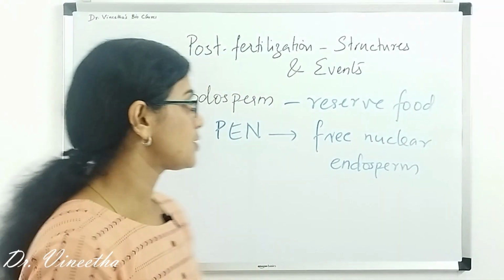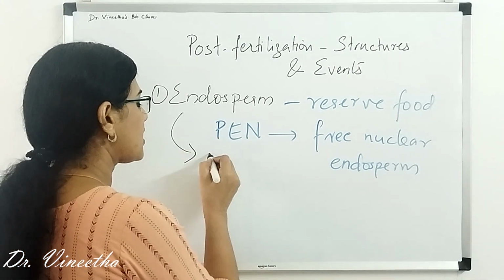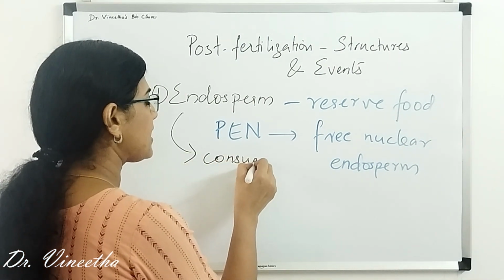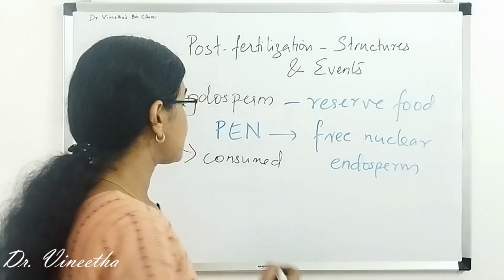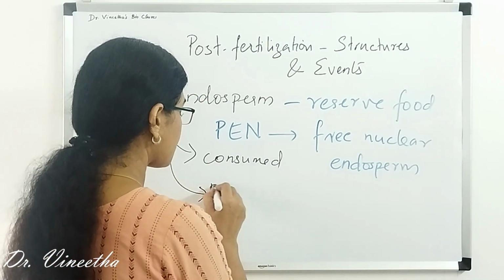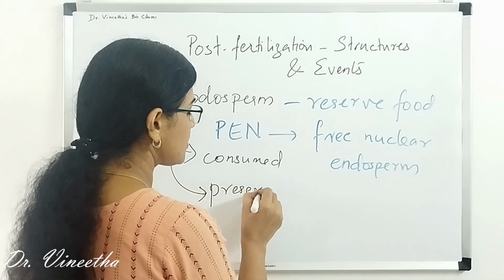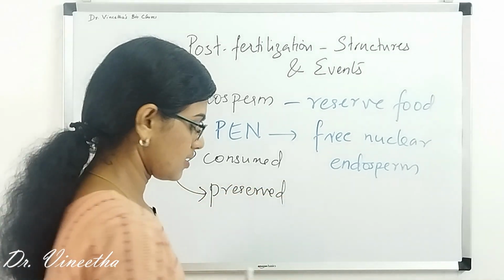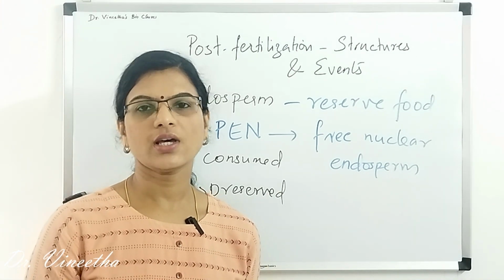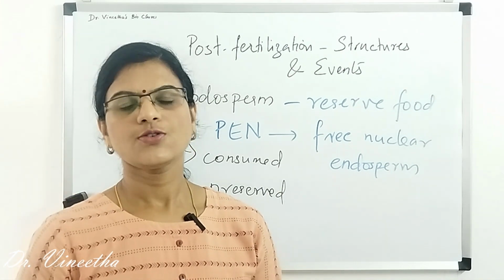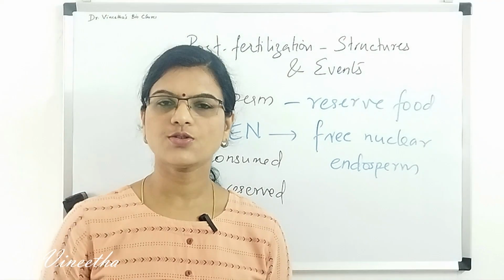So endosperm can either be consumed completely by the developing embryo, or it can be preserved in the mature seeds and used during germination. Okay, so both these conditions are present.